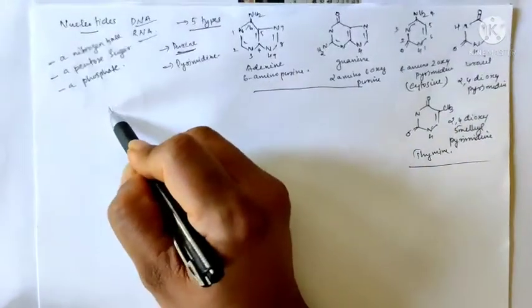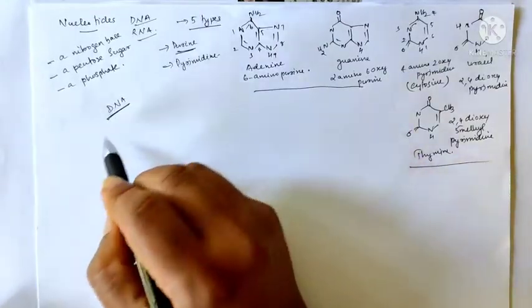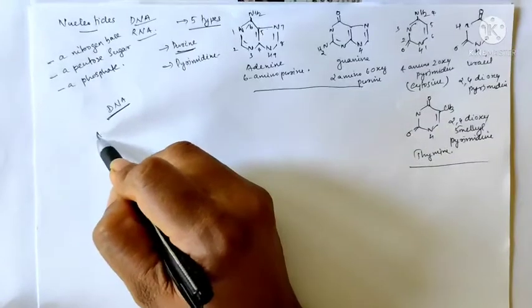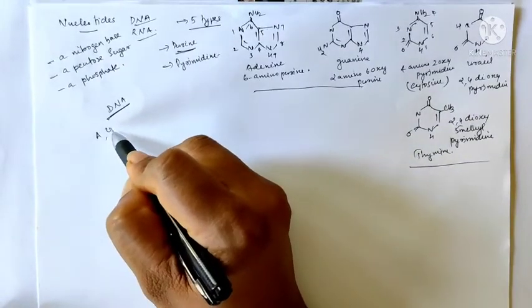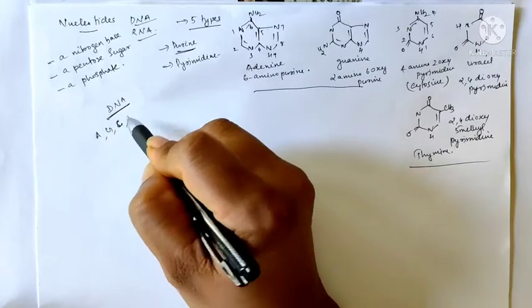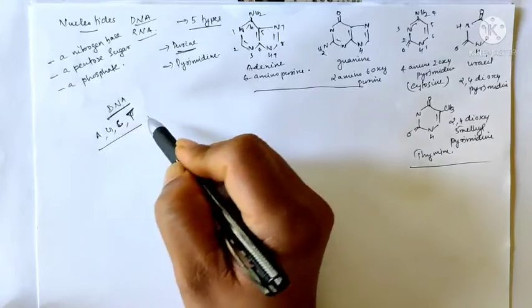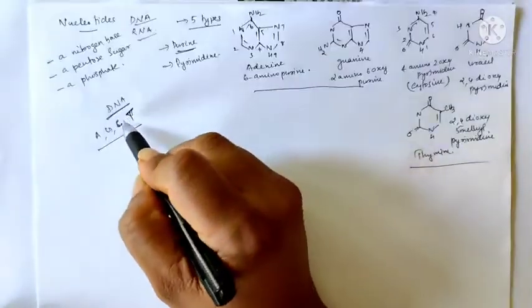Then in DNA, adenine, guanine, cytosine and thymine. These 4 are the nitrogen bases found in DNA.